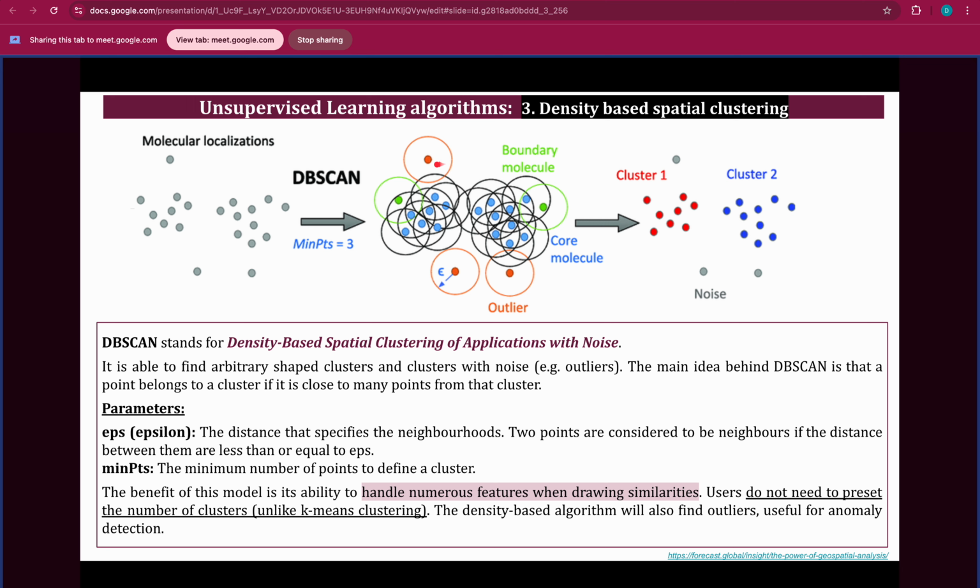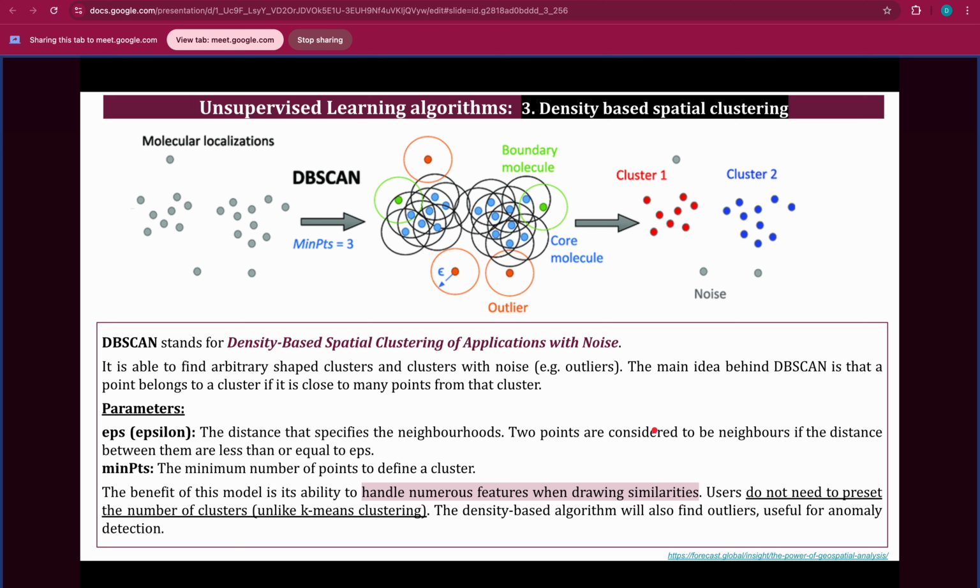Whereas if you see these orange dots, they are the outliers because in their circle no other data point is overlapping. That's why they are only single points and the minimum criteria should be 3 or 2. So that's why these are regarded as noise and they will not be put into any of the clusters. This is one of the advantages of DBSCAN, that you can figure out your outliers and noise and you can reject them.